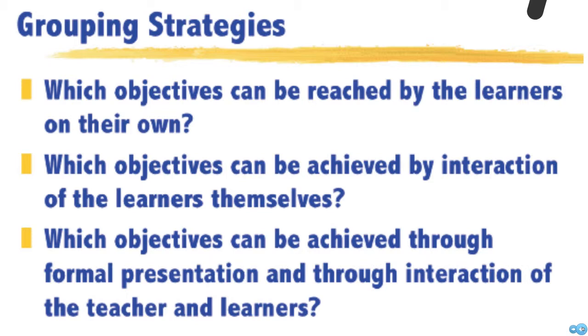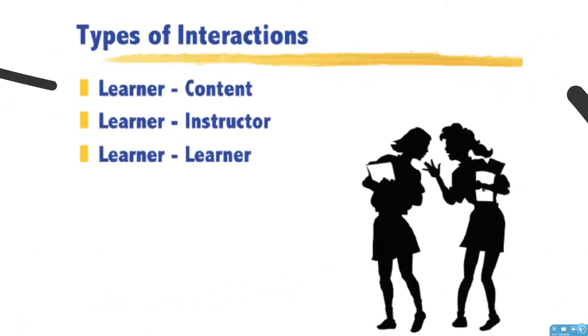Also, consider your learning goals. Also consider how your students should be grouped to learn the best, or should they even be grouped. We also need to look at the different types of interactions.